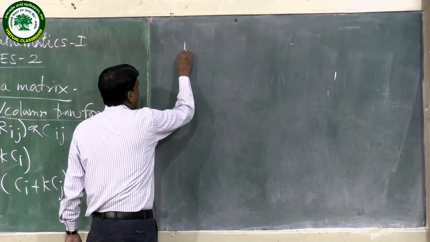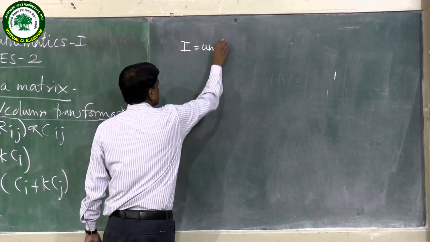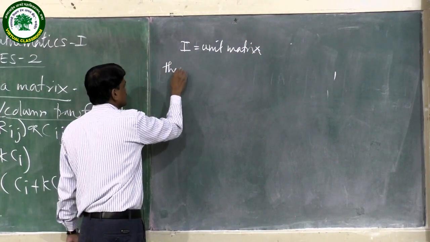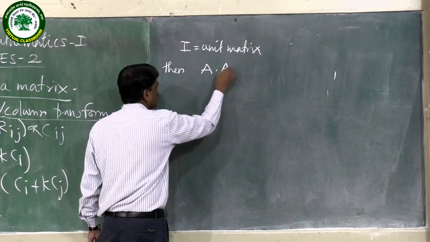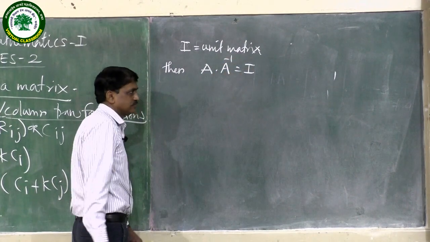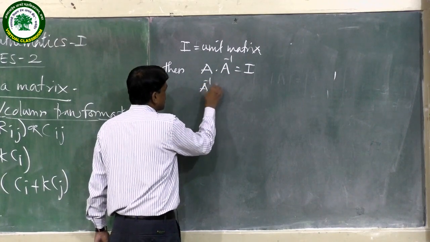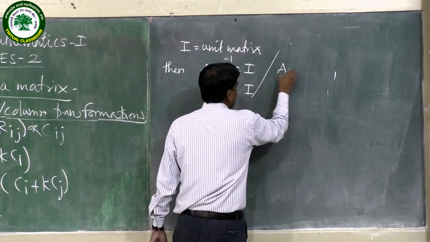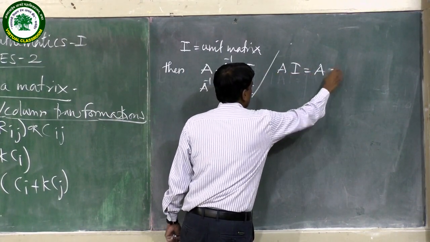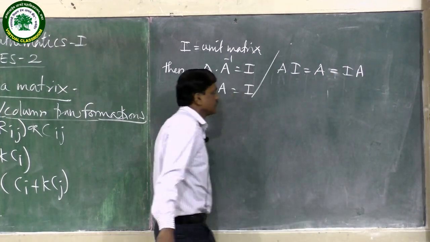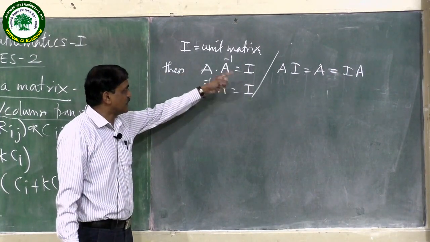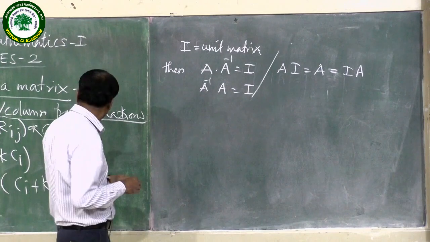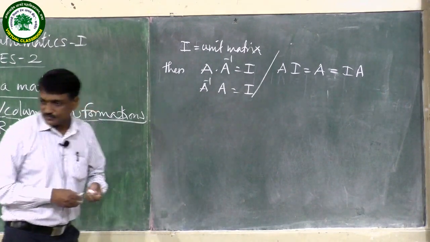We know that if I is a unit matrix, then A into A inverse is equal to I, or you can say A inverse into A is equal to I. One more thing is there, A into I is equal to A is equal to I into A. If we know these two properties of a matrix, it is very easy to find the inverse of a matrix. So let us find the inverse of a matrix.